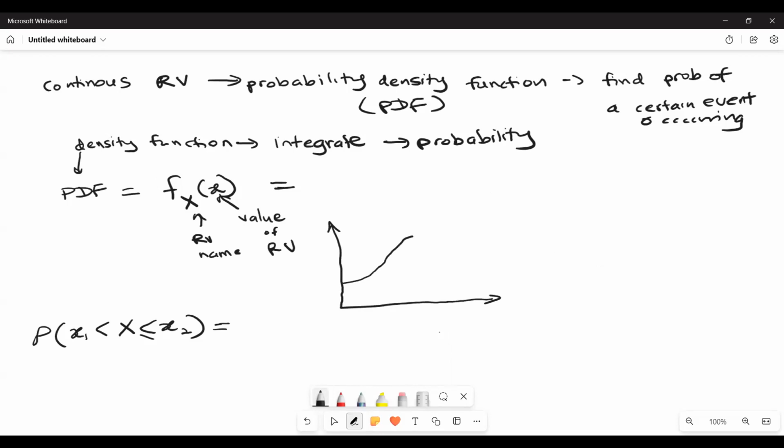So let's say it's like this, and the corresponding cumulative function. So this is the probability density function with the simple f. With the capital F, we denote the cumulative function, right?